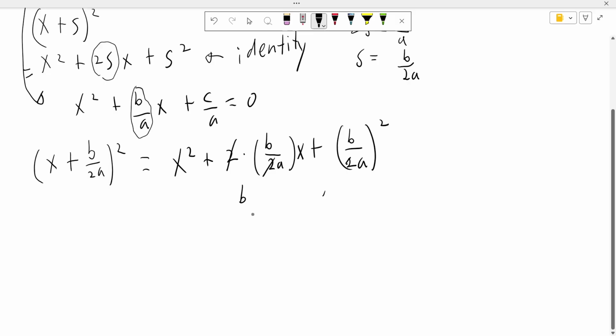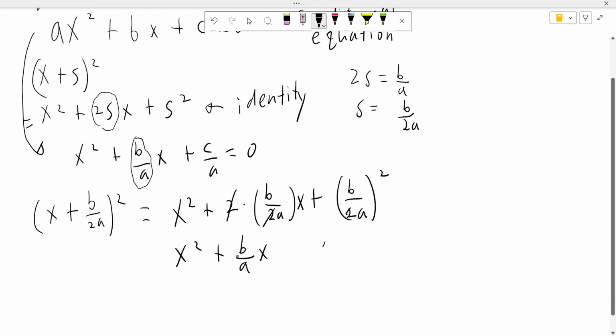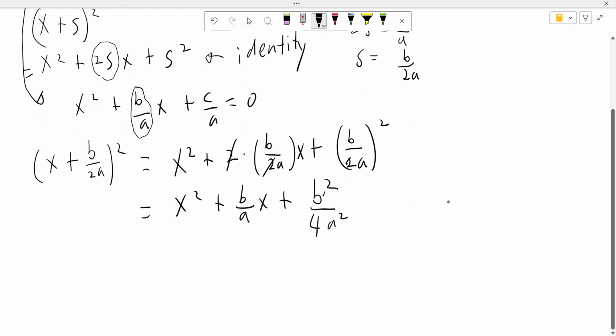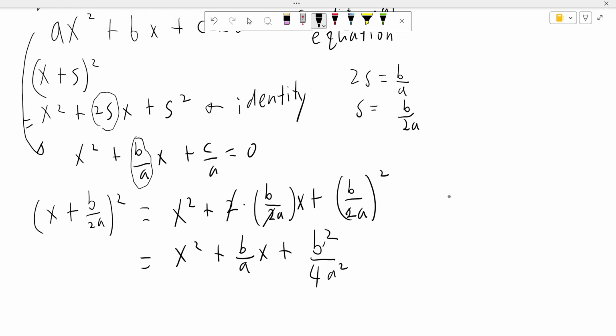Oh, I missed the x here. So we got what we wanted here. And this constant term expands to this. Okay, so we got the quadratic term and the linear term looking the same. But what about the constant term?